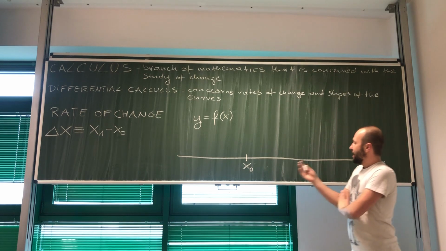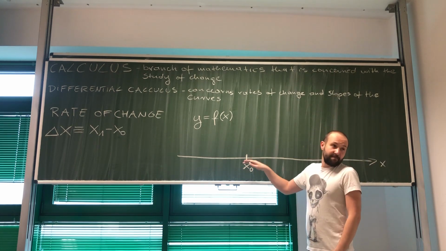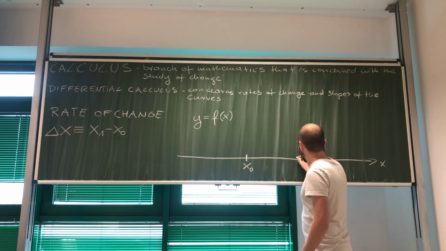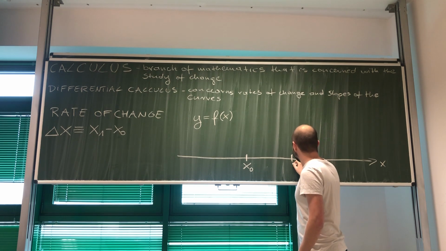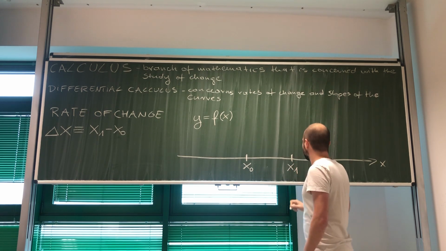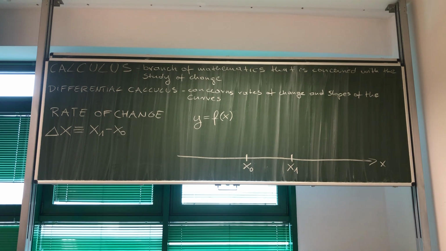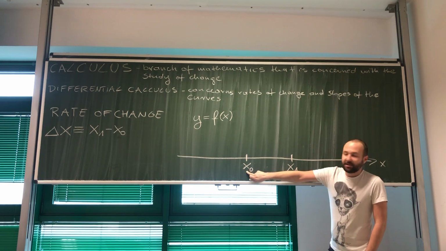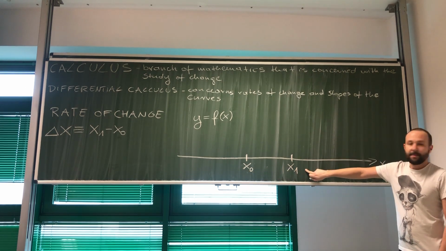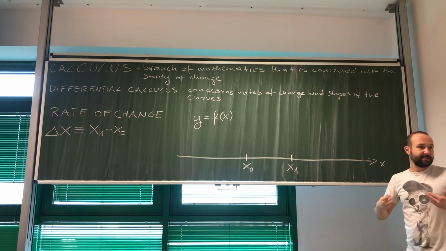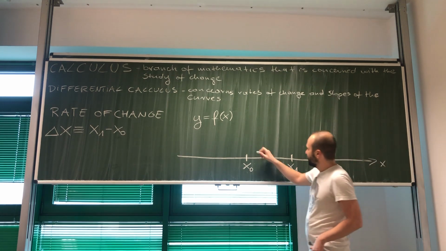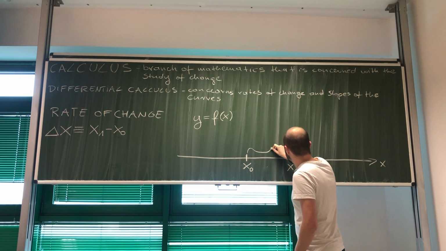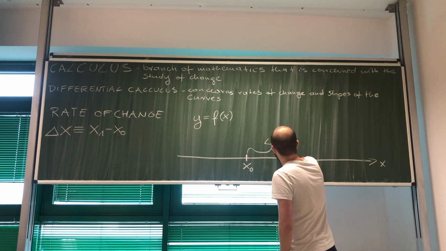And now, for some reason, the value of x is equal to x1. And what do we see over here? That x0 used to be here, now it's here. So it means that it has grown. By how much? Well, it has grown by delta x.